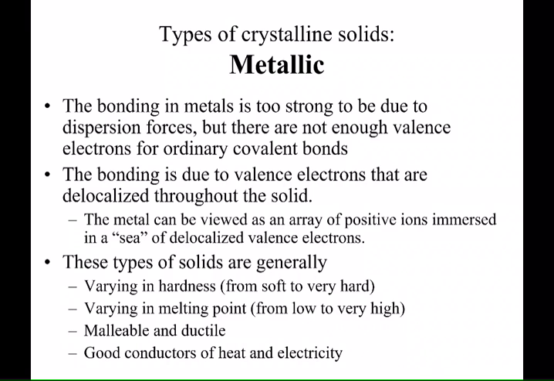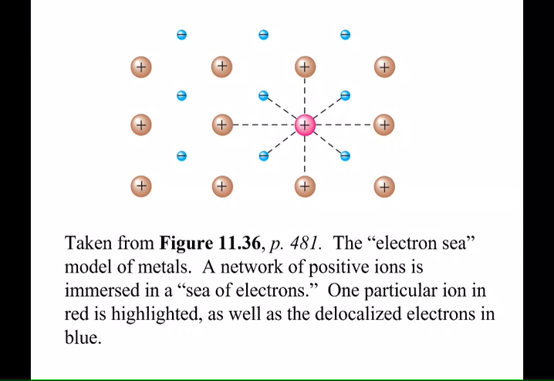Now, they do conduct electricity, and this kind of makes sense. I love it when things make sense. So those 3 valence electrons are on each aluminum atom. They're basically a sea of electrons that can help a current flow from point A to point B. It's so cool. Okay. They're also pretty good thermal conductors.